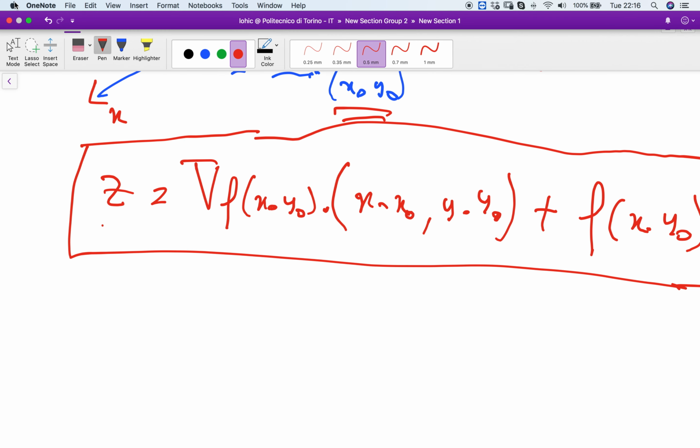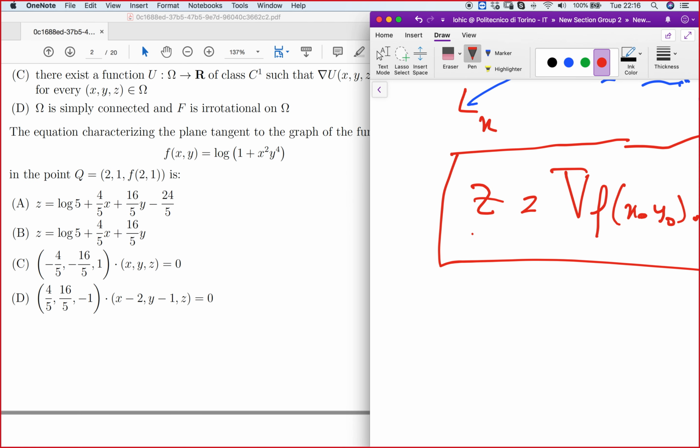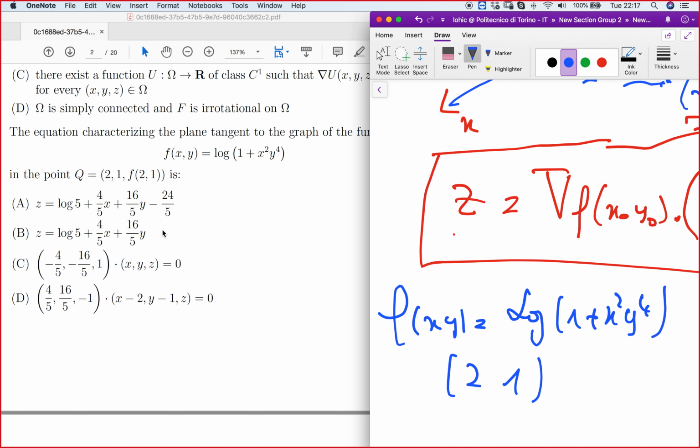So let's apply it. The function f of x y equals log of 1 plus x squared y to the power 4, and the point is 2, 1, because you can see that the point you need is 2, 1. This is just f of 2, 1.